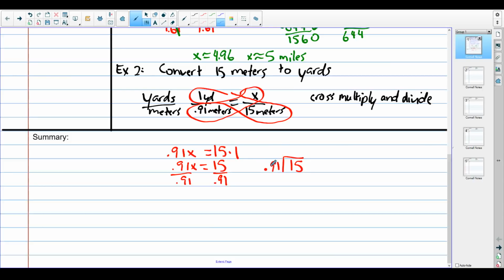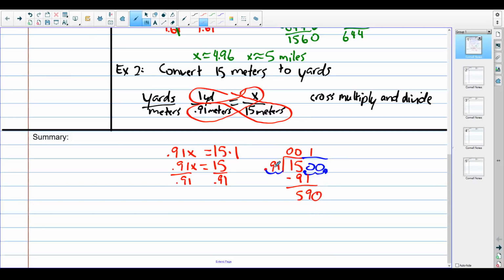Same as before. We have two decimals here, so we're going to move them over. 15 as a decimal there. We're going to move that over 2 places. So now we have 1500 divided by 91. So let's see how far we get before I get bored with answering this one. So 91 will go into, can't go into 1, can't go into 15, goes into 150 one time. That's 91. 150 minus 91 is 59.